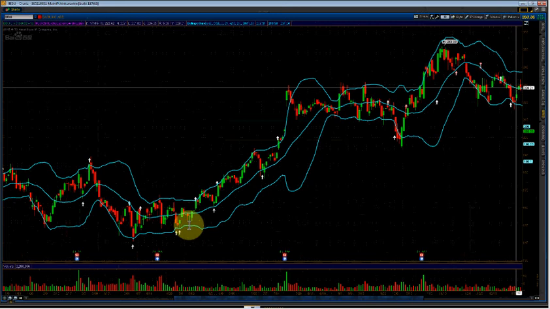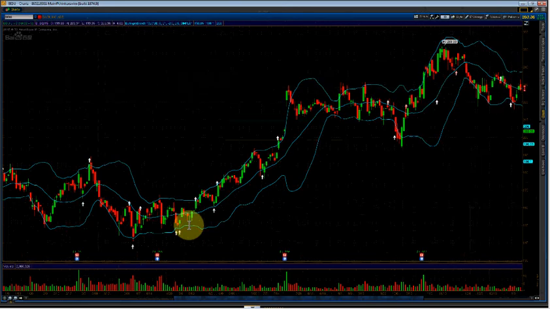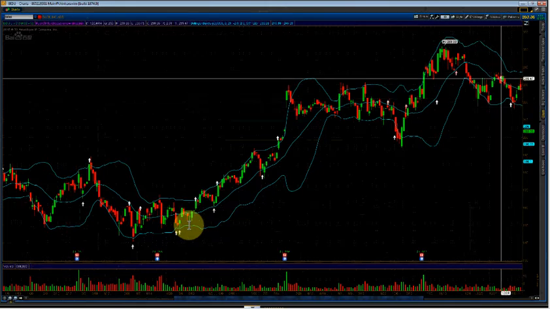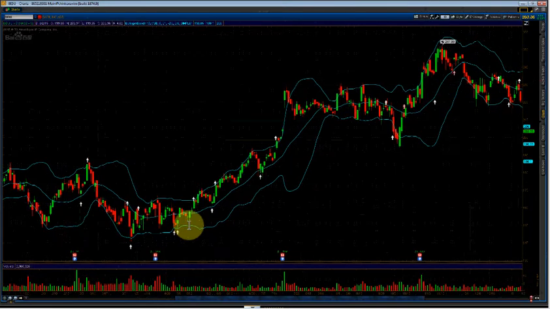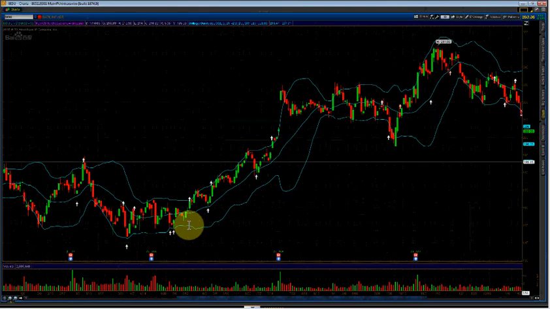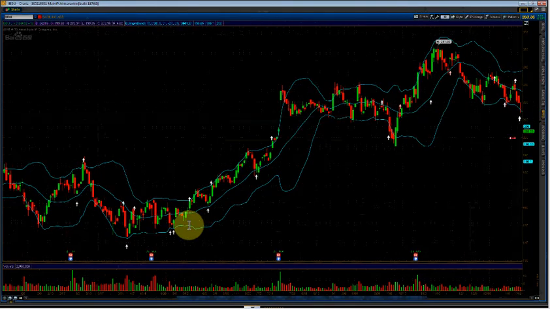Why not yet? Got a downward moving average. I already had the winning side here. Still in the exact same thing it did back here. And right there, I get another sell.